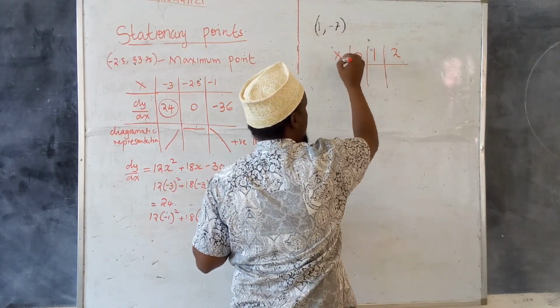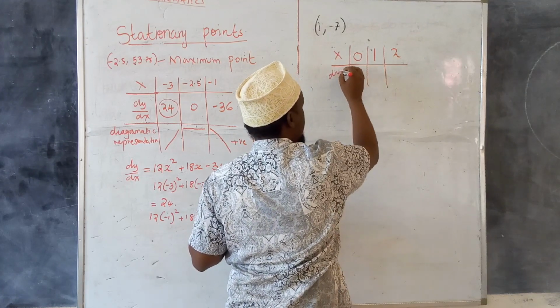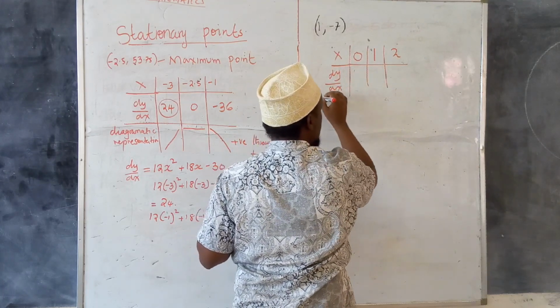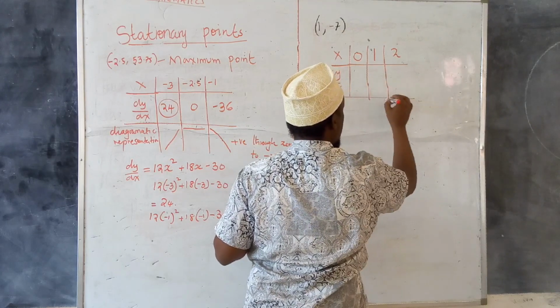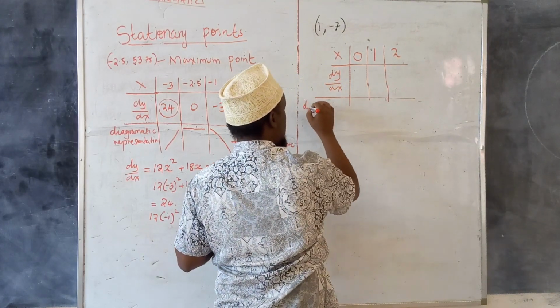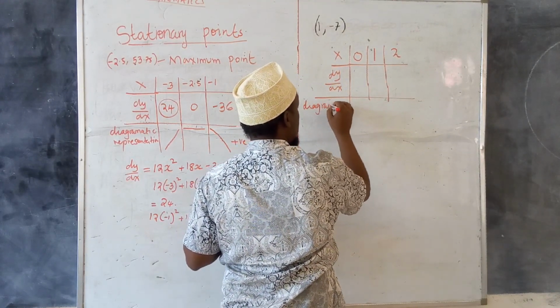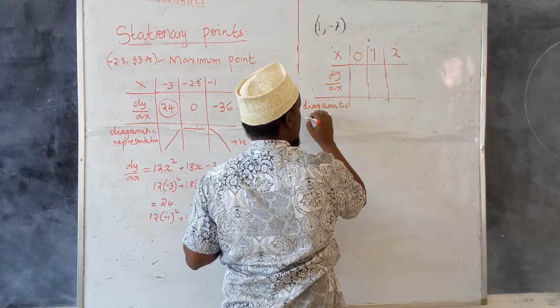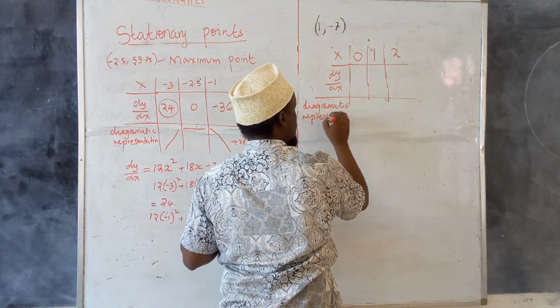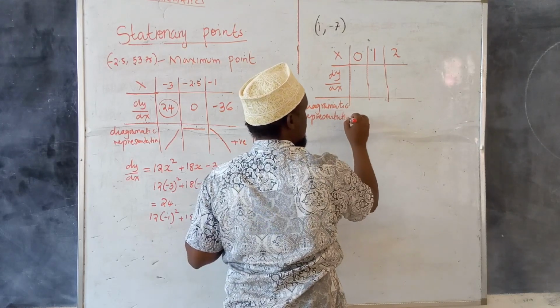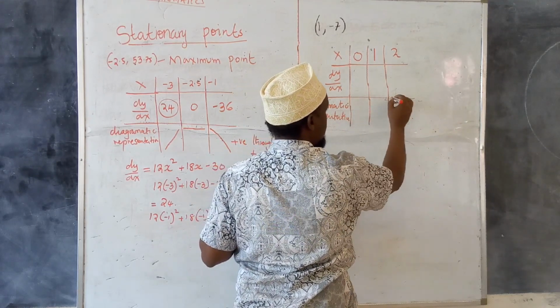So here we have the values of x. We also have to find the gradient and the diagrammatic representation of the gradient.